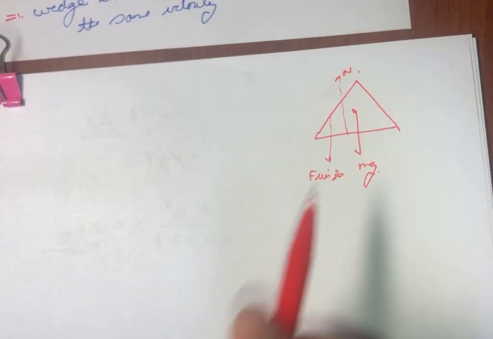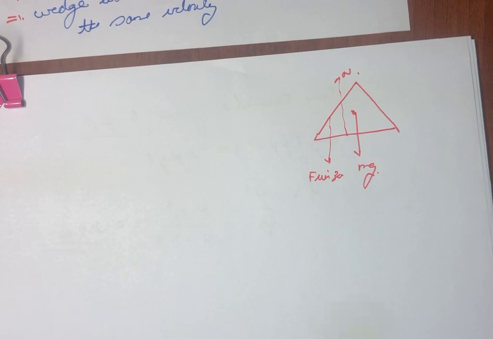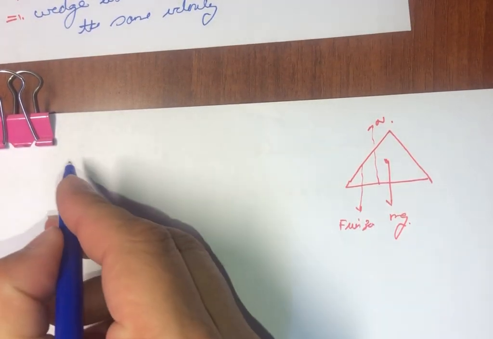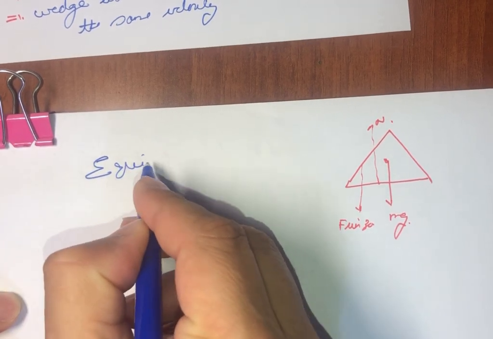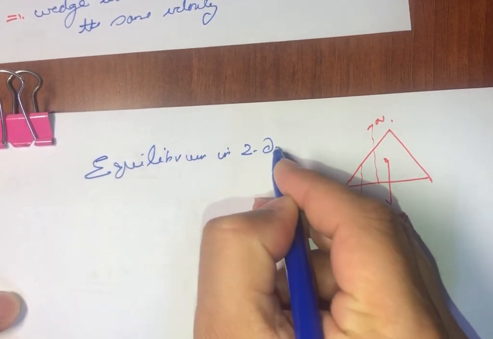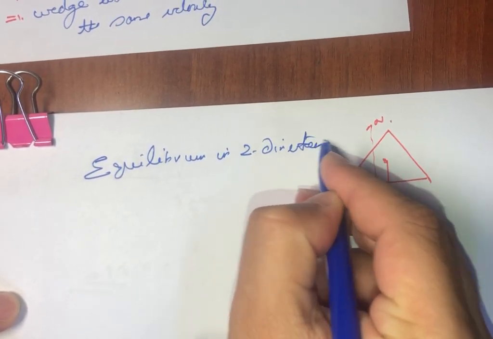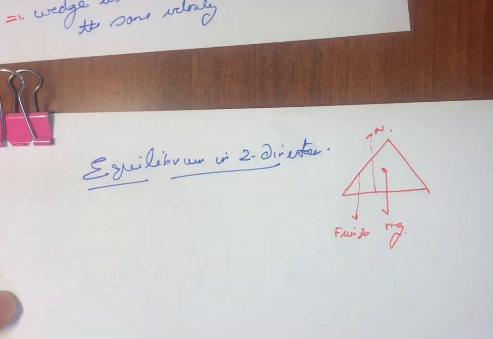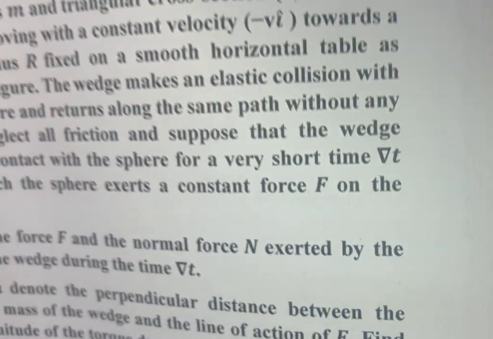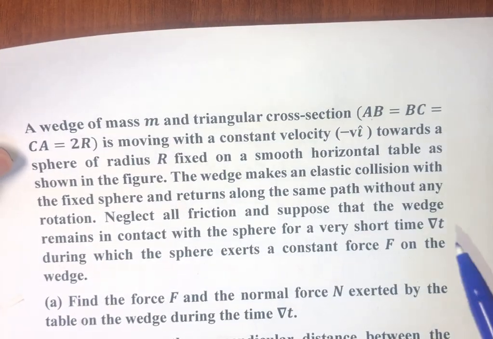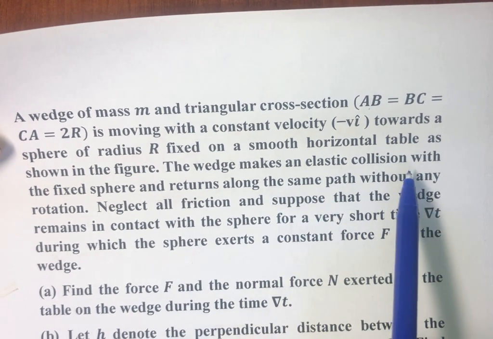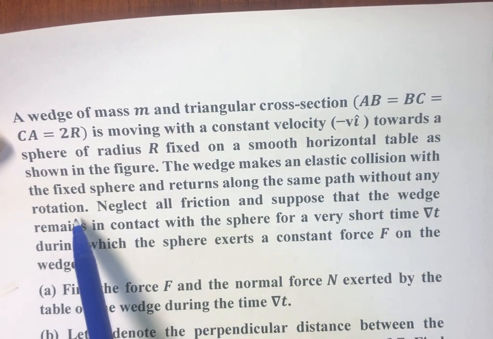Let us call this N. Therefore, equilibrium in z direction, because it is said that it makes an elastic collision and returns along the same path without any rotation.